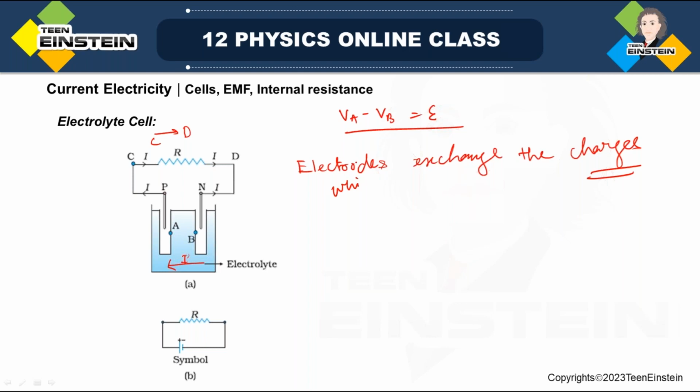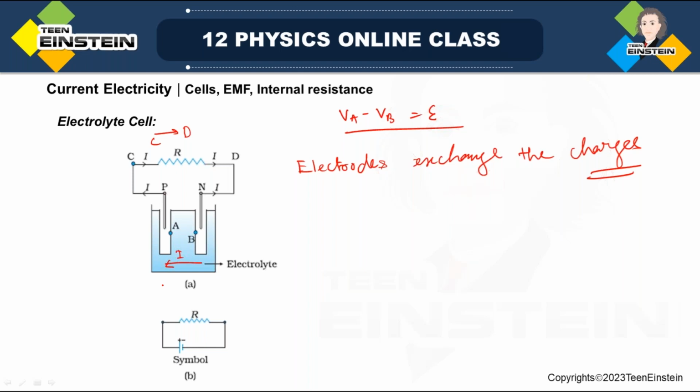So the electrodes inside the electrolyte will exchange the charges, and therefore there will be a flow of current. This flow of current will be in the opposite direction, D to C, like this.